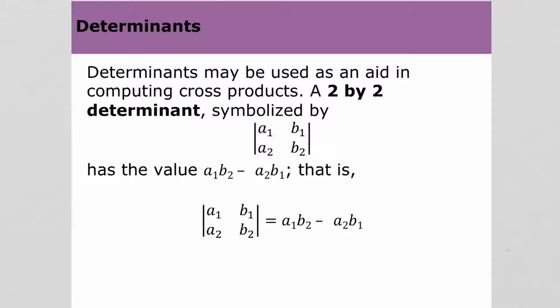So determinants is if we kind of make a matrix where you've got your first vector here and your second vector for the second row. And you find the determinant by multiplying in a cross pattern like this. So there's your a sub 1 times b sub 2 and your a sub 2 times b sub 1.